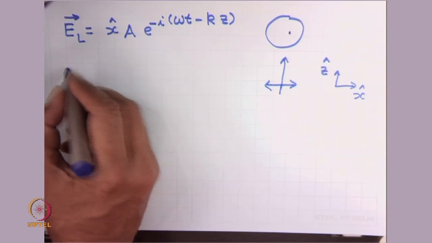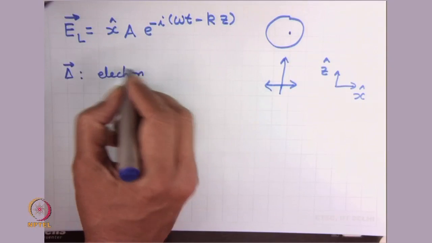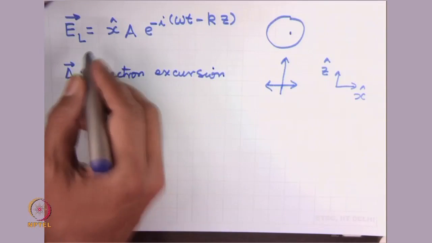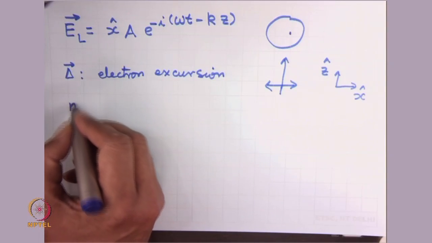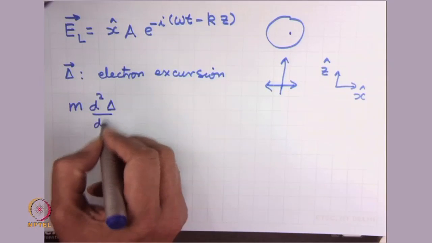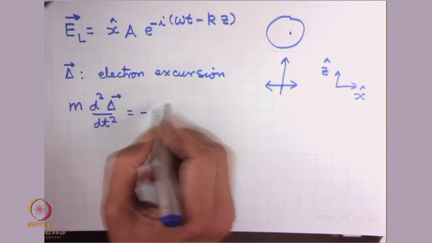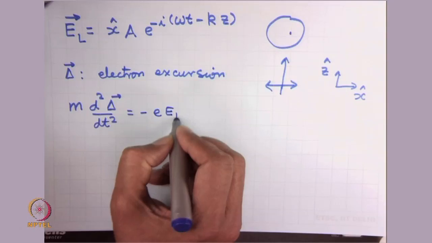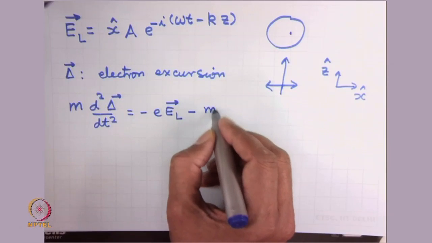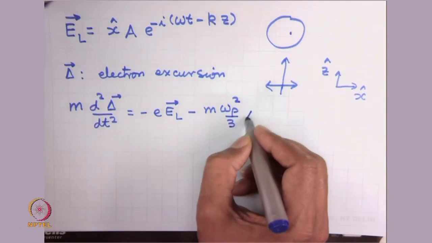So, delta I will call the electron excursion, which will be in the x direction anyway, and the equation would be m d2 delta by dt square is equal to the laser force, which is minus e E_L, and plus the restoration force, which is minus m omega p square by 3 into delta.